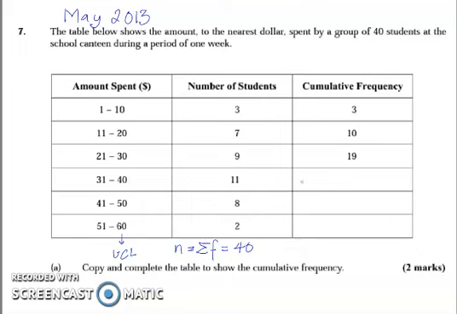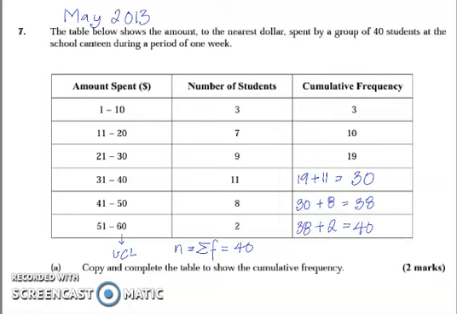So this becomes 19 plus 11, which is equal to 30. Then 30 plus 8, which gives you 38. And 38 plus 2, which gives you 40.